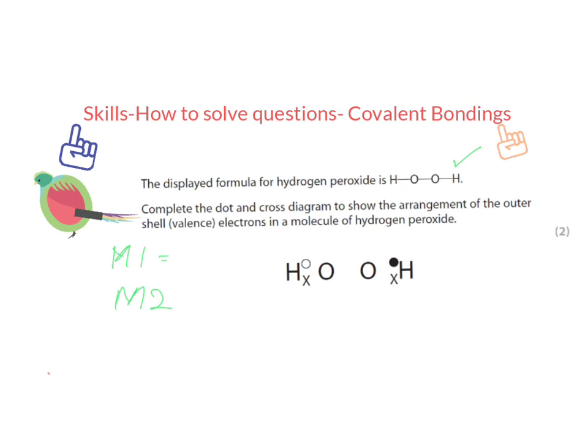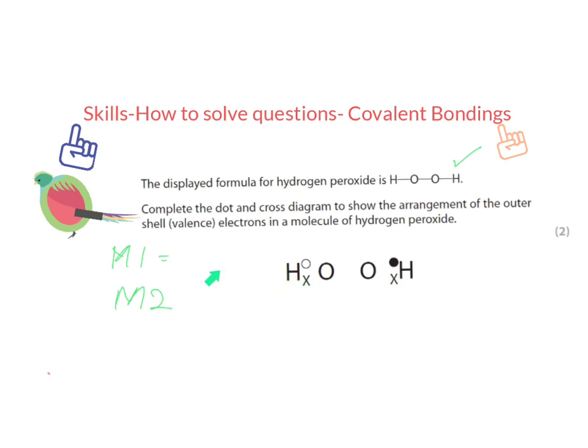Suppose this one is the electron of hydrogen and this is the electron of oxygen. Just to differentiate between the electrons of the 2 different oxygen atoms, we represented one by an empty circle and the other one by a filled circle, while the crosses represent electrons of hydrogen.